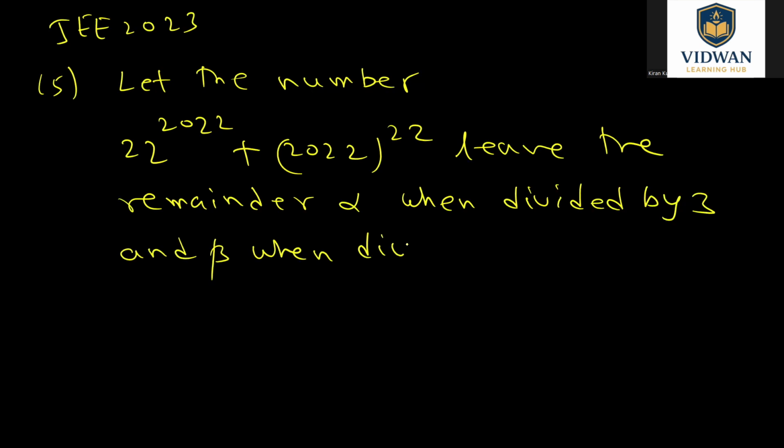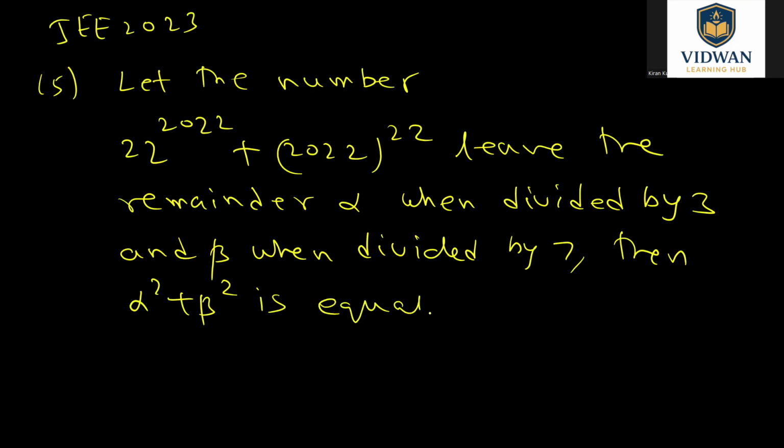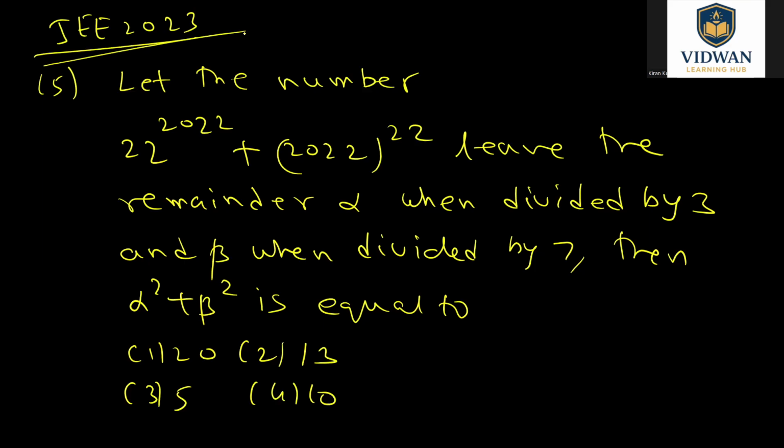Then alpha square plus beta square is equal to: first option is 20, second option is 13, third option is 5, and fourth option is 10. So all of you try this.